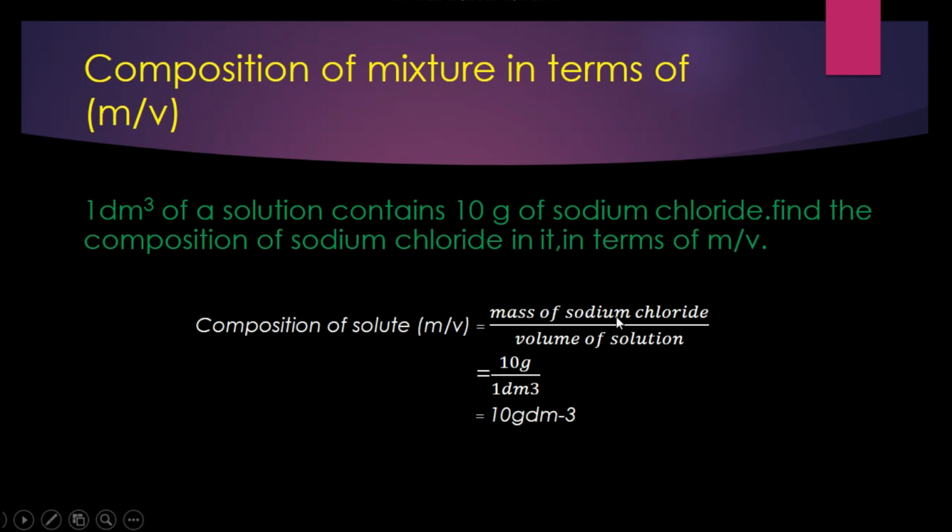So we are taking the mass of sodium chloride on top. The mass of sodium chloride according to this question is 10 grams. So I put 10 grams here. And the volume of the solution is 1 decimeter cube. So I will take it here, 1 decimeter cube. 10 grams divided by 1 decimeter cube, you get 10 grams per decimeter cube.